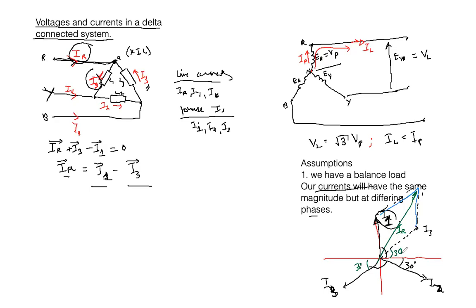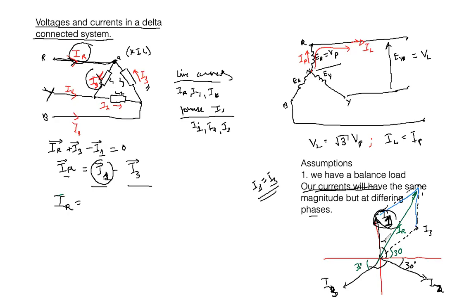What we did on the delta, you will see that our IR will be equal to, now remember we said our currents have the same magnitude. That means I1 is equal to I3. These are magnitudes. That's why I'm not putting arrows on them. So now if I look at I1, where is it? I1 is here, it's on the vertical axis.